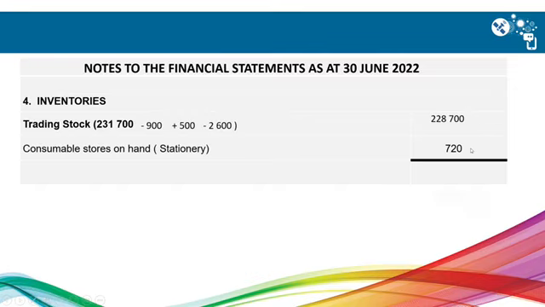What will happen now? I now have a figure of 229,450. What will happen with this figure now? This is the figure that will be entered in my statement of financial position.